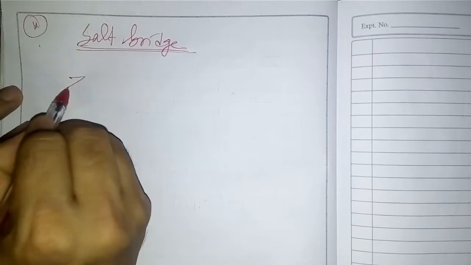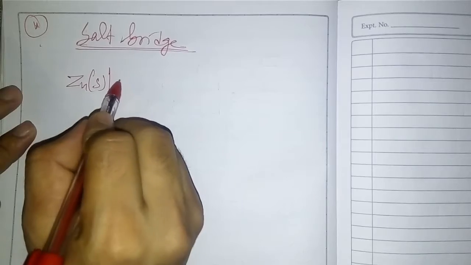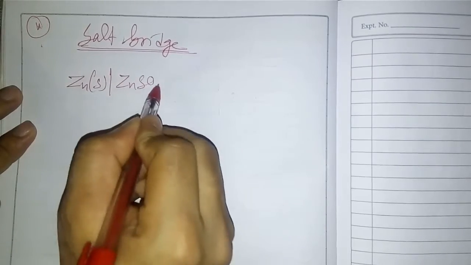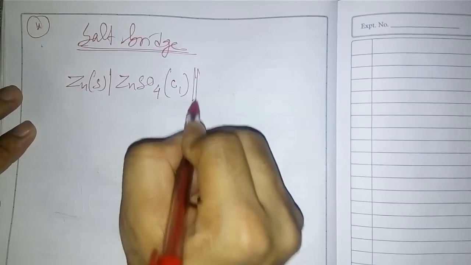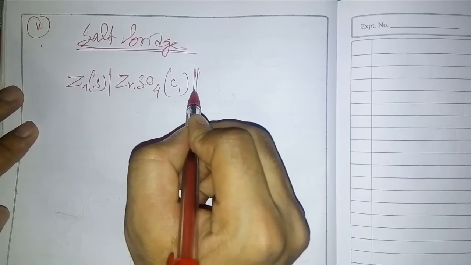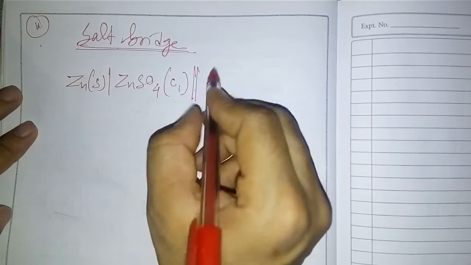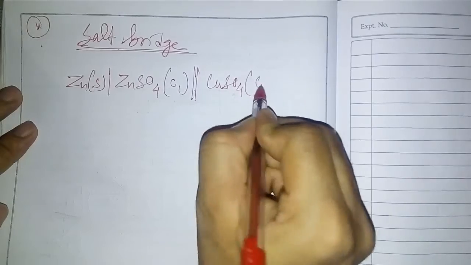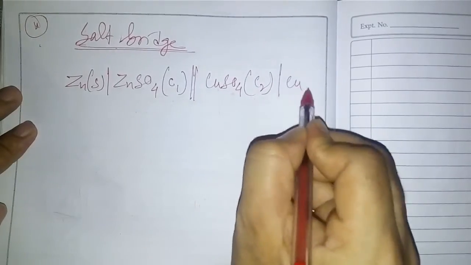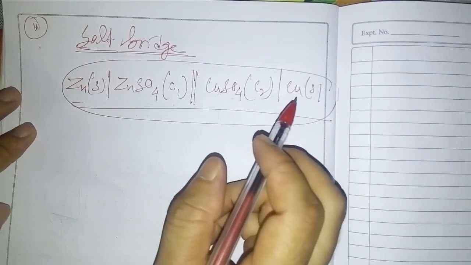See this one: Zn changes to ZnSO4 with concentration C1 molar. The double vertical line is called the salt bridge, then CuSO4 with concentration C2, phase boundary, Cu.